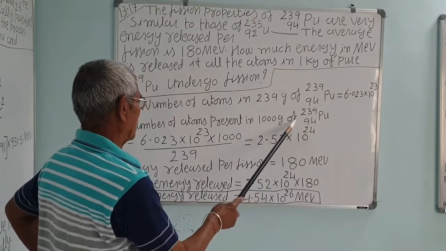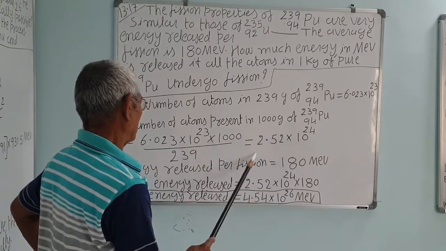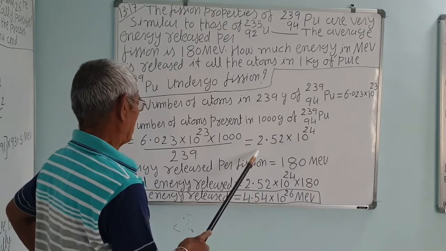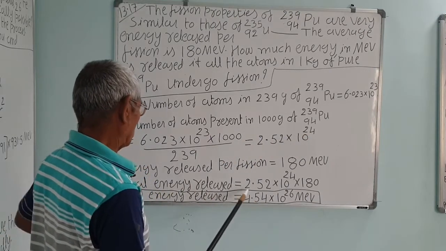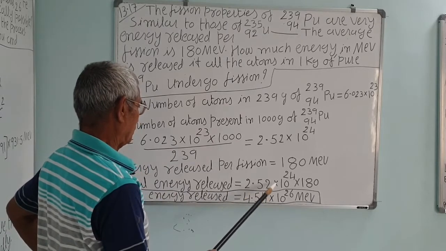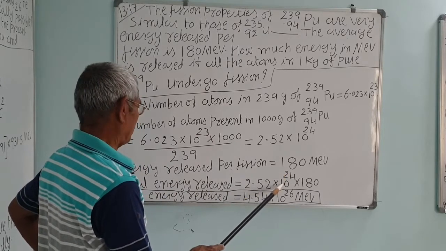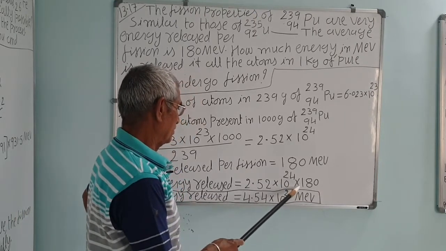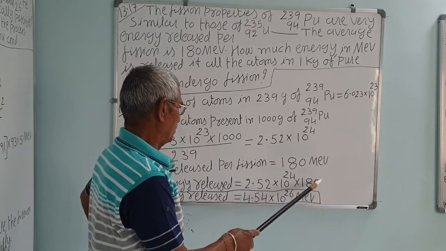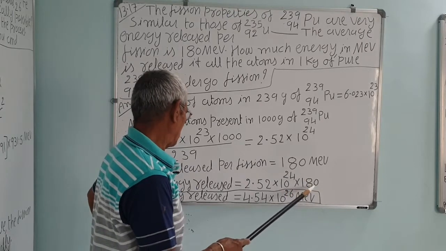So what is the energy released? Multiply it. The total energy release is 2.52 into 10 raised to power 24 atoms multiplied by the energy released when 1 atom of plutonium undergoes fission, that is 180.